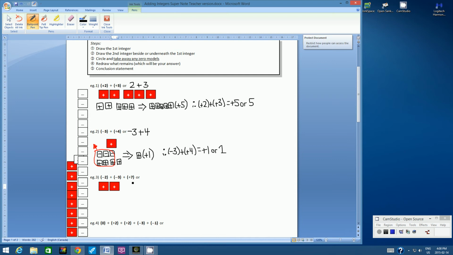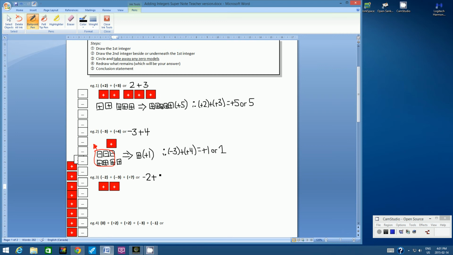I keep forgetting to rewrite our question in standard form. We're starting with a negative integer. If we start with a negative integer, we can take off the brackets. So -2 in brackets simply is -2. We have the addition statement. That's not going to change. Now, we get a negative integer that's not the first integer.